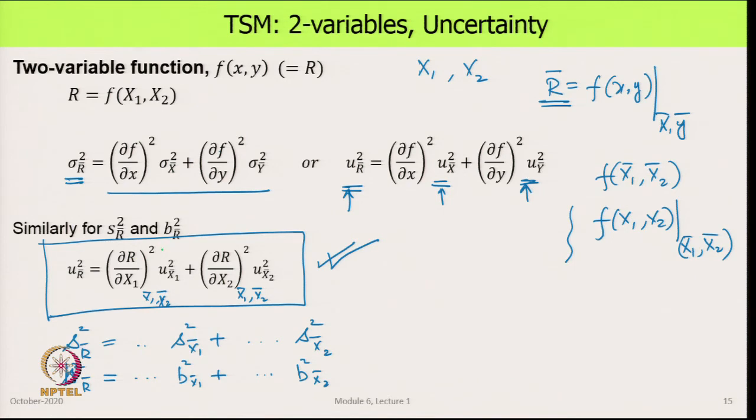And what you will notice here is that this thing here, this will come here and then it will come here. This thing here, this value will come here and it will come there.